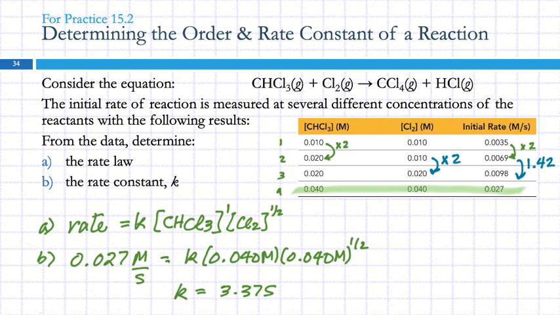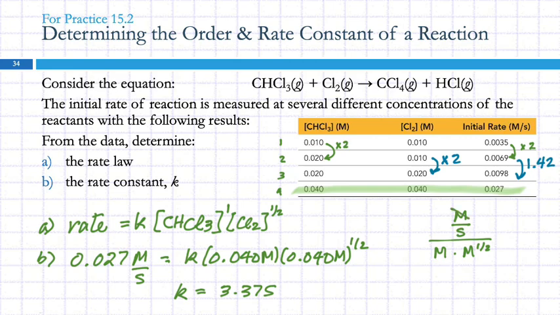What are the units? It can be helpful to look at the units separately. I'm taking molarity per second, and I'm dividing it by molarity and molarity to the 1/2 power.